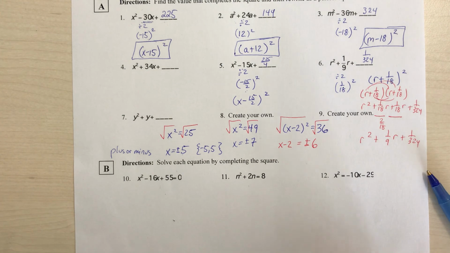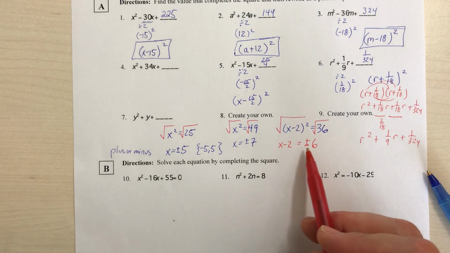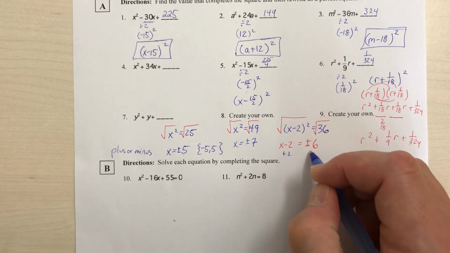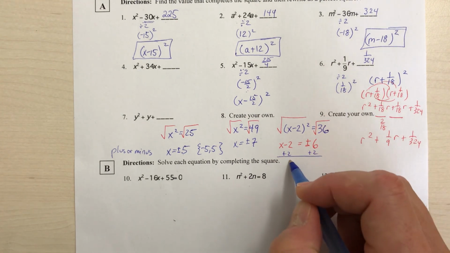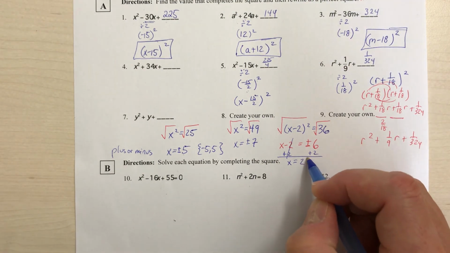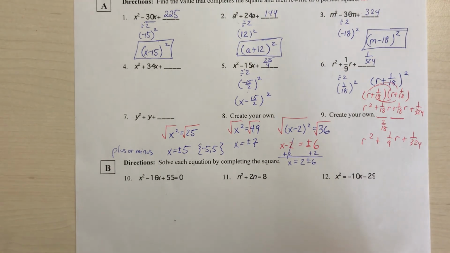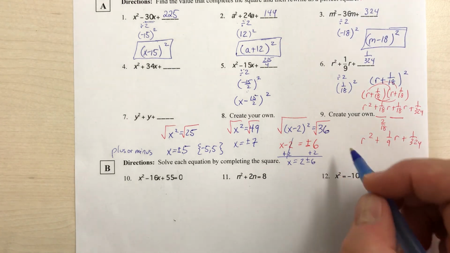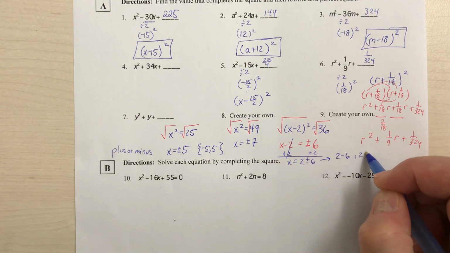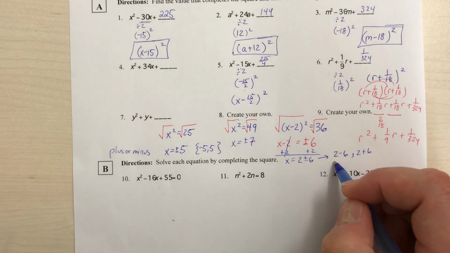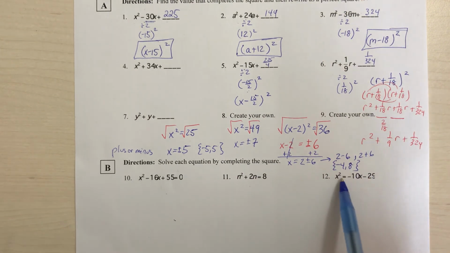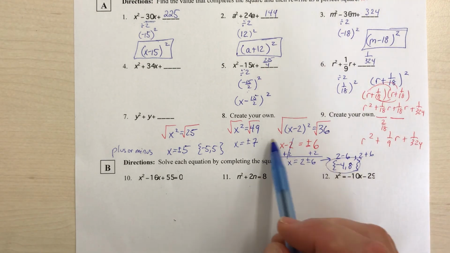So now we're not done, because if we're solving for x, we need to move negative 2 to the other side. So we add 2. And what we get is x equals, that's just 0. Now this is 2 plus or minus 6, which means we have two solutions here. Either 2 minus 6 or 2 plus 6, which is negative 4 and positive 8. So we've got two answers to this equation here.